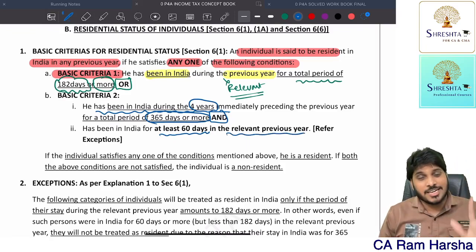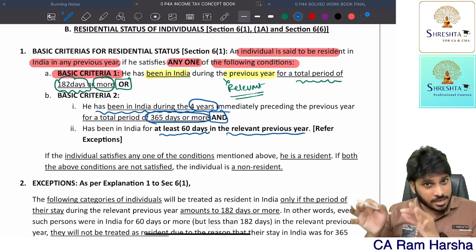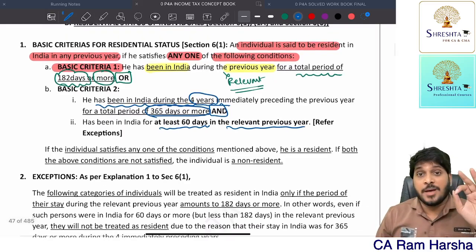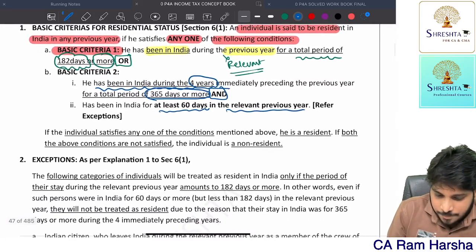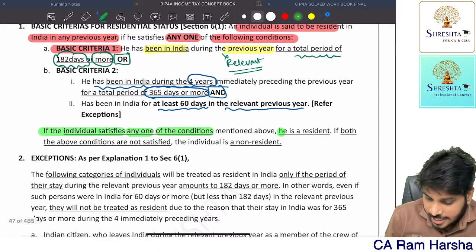If he stayed for at least 60 days in India during that year and 365 or more in the past 4 years, then also he is a resident. So if an individual satisfies any one of the above conditions, he is a resident.